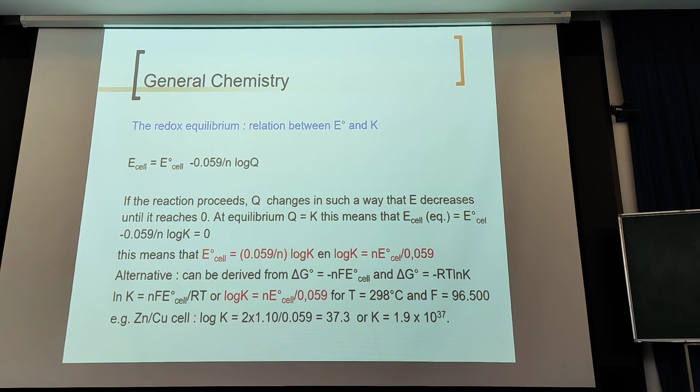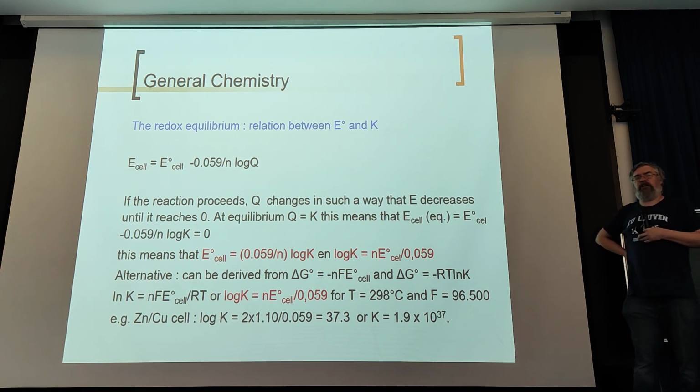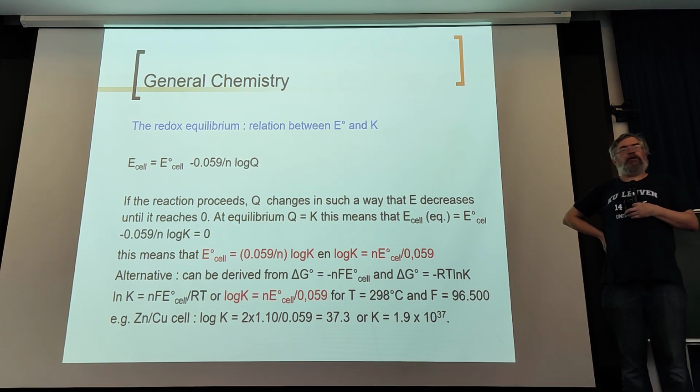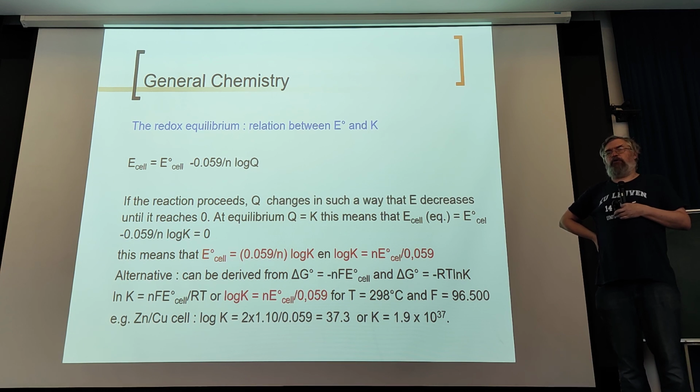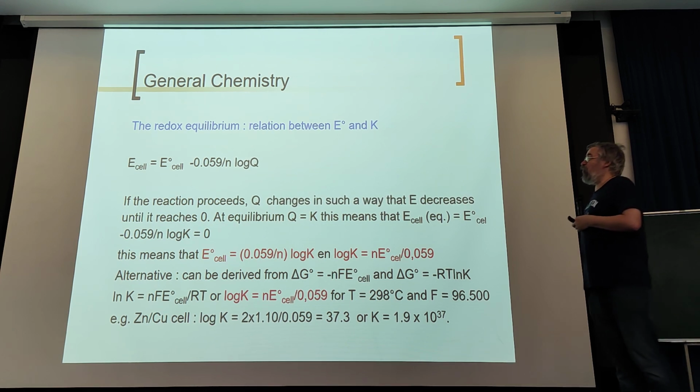So, the cell potential is the standard cell potential minus a logarithmic factor. So the reaction proceeds and moves towards equilibrium. And equilibrium is the moment when there is no longer any potential. In other words, when the cell potential becomes 0.